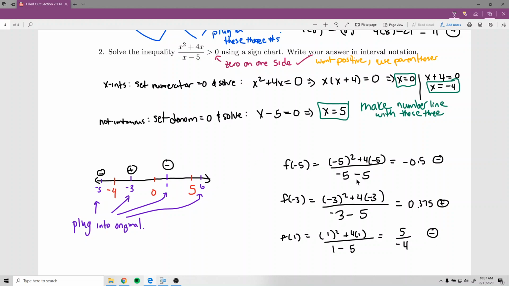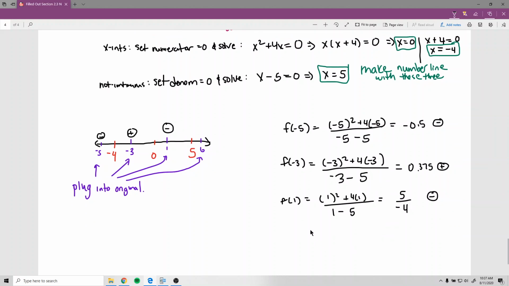And then the last one we're going to plug in is 6. So we've got 6 squared plus 4 times 6 over 6 minus 5. And you might be able to tell this one's positive because we got 1 on the bottom, and on the top we got 36 plus 24 is 60. So we got positive at 6.